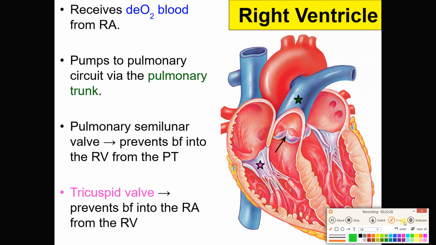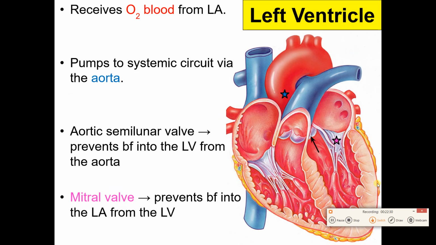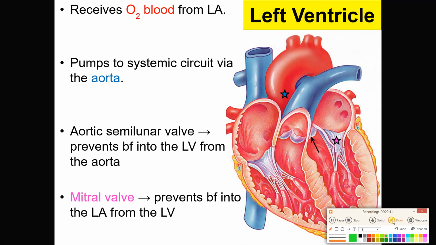All right. Now my left ventricle receives oxygenated blood from my left atrium. My left ventricle is going to pump blood to the systemic circuit via the aorta. This guy up here is the aorta. We'll name his different parts later.